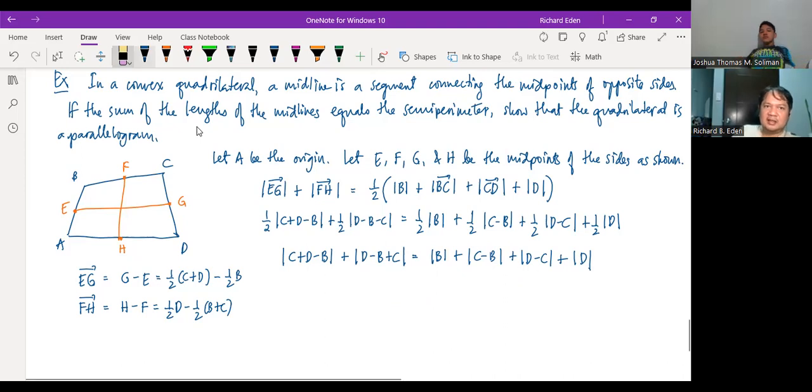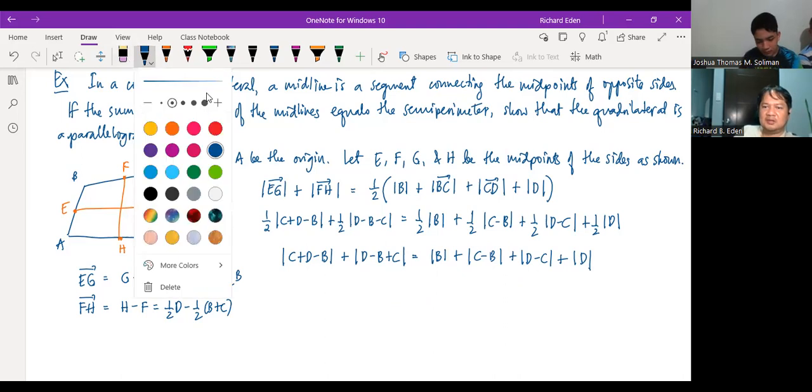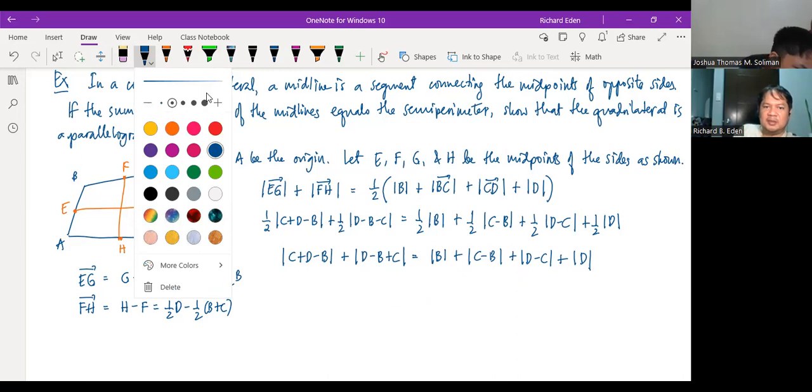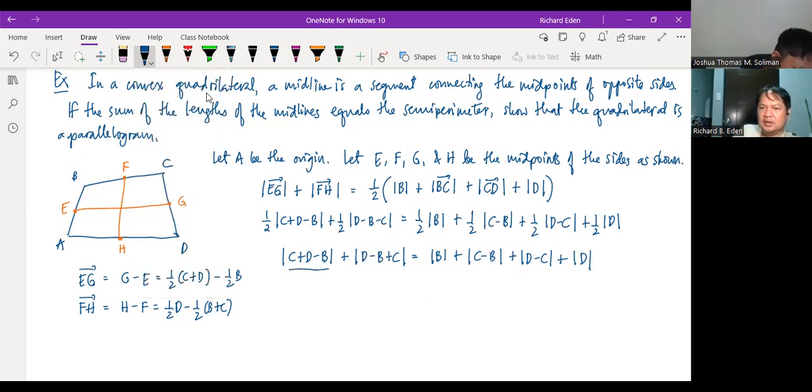So here's hoping that the resolution can be observed by, I don't know, there's something here about the fact that it's not just any weird combination. Look at it, C plus D minus B. So I don't know if that's something that you can see there on the right side.